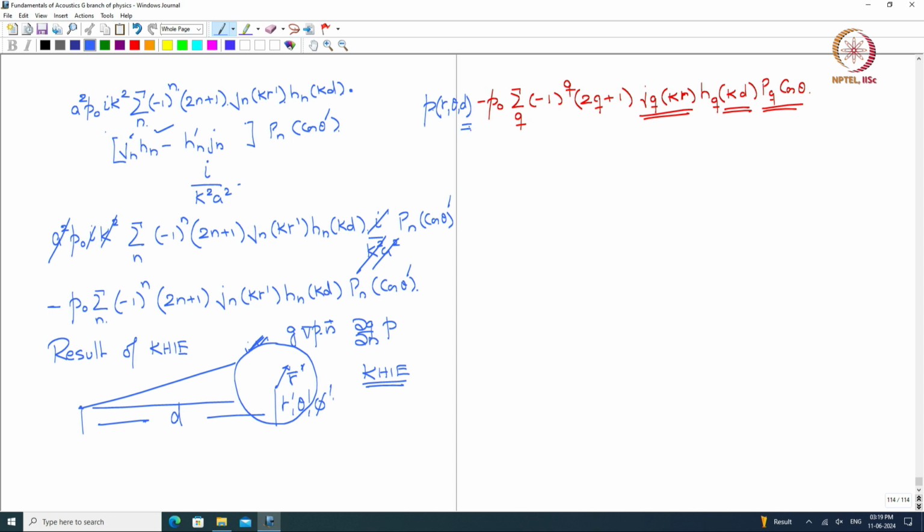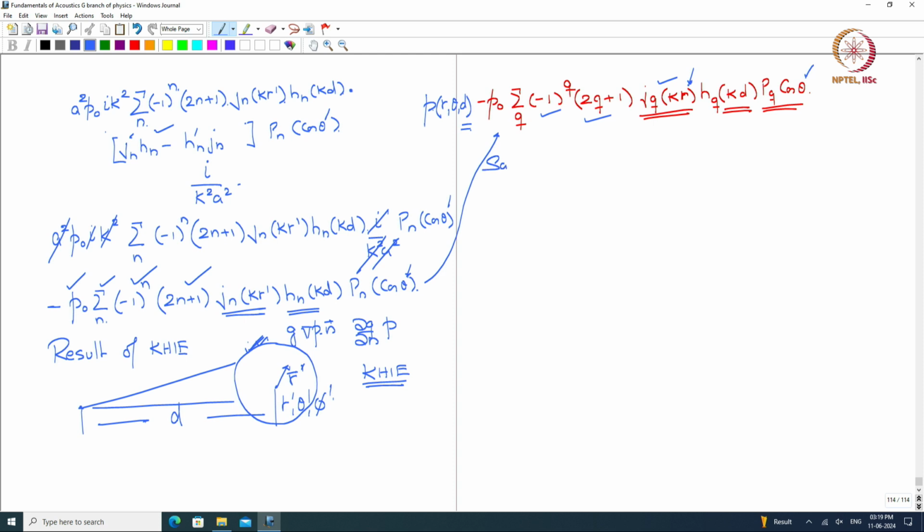Minus p0 summation over q, summation over n, minus 1 to the power q, minus 1 to the power n, 2q plus 1, 2n plus 1, jn. Here we are interested in a location r dash, there we are interested in location r. Here we have hn kd, there we have hq kd. Pq cos theta we are interested in on the surface at a certain theta location, here interested in theta dash location inside.